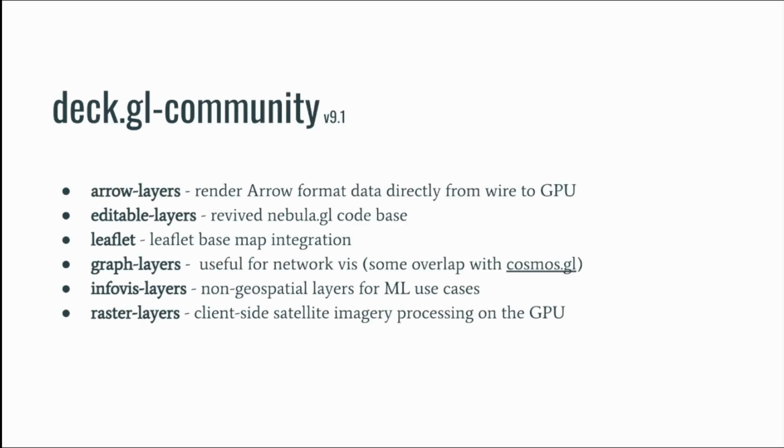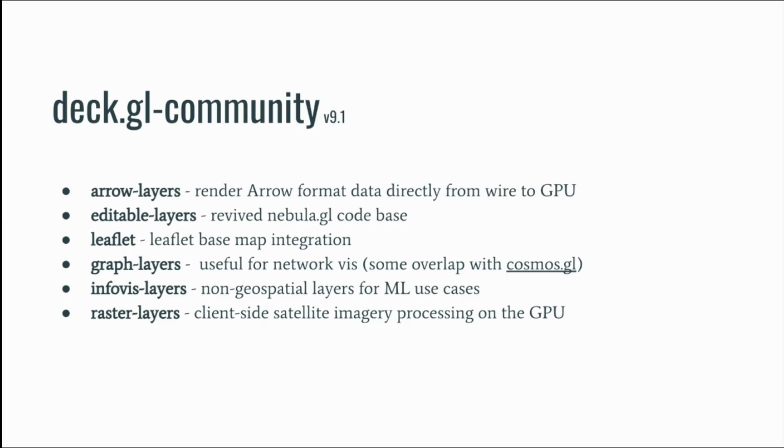The DeckGL community repo is where we put the experimental components that are not quite ready for the main library, that maybe we're not quite ready to commit to keep working at all times at every release. But it's something that we feel has potential and we want to get feedback from. This repo has grown significantly in the past year.